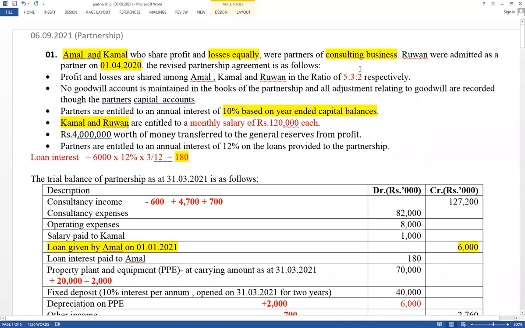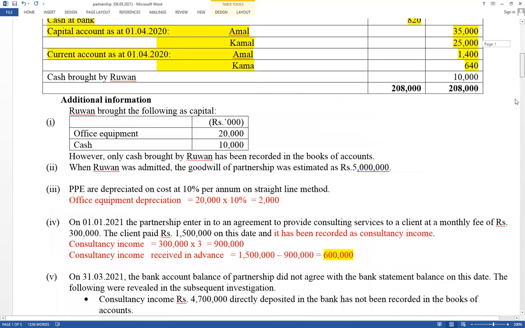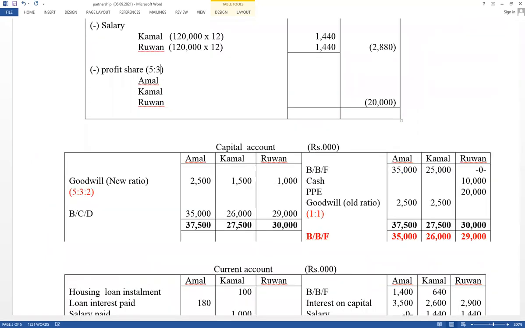Therefore, all three partners available. New agreement should be applied, 5:3:2. Then try to calculate profit share. Profit sharing ratio equal 5:3:2.